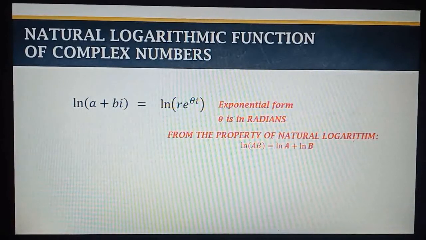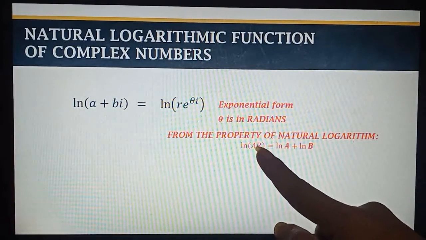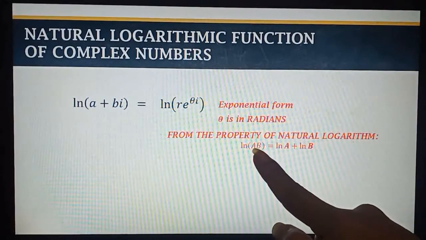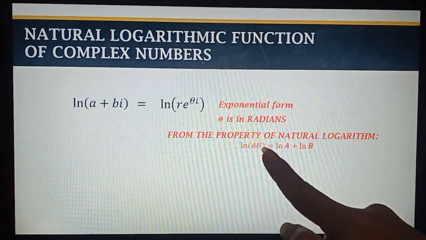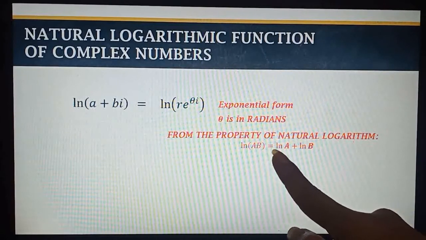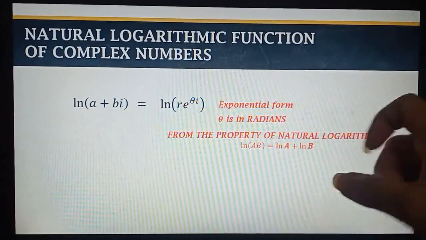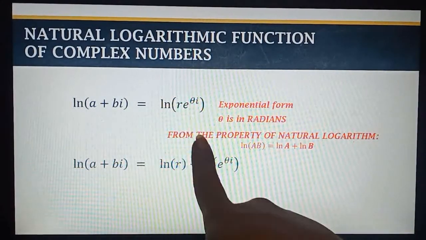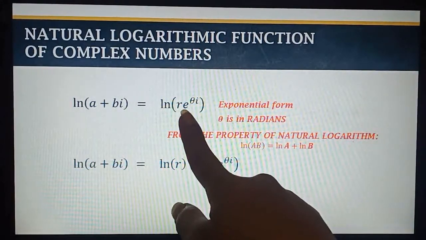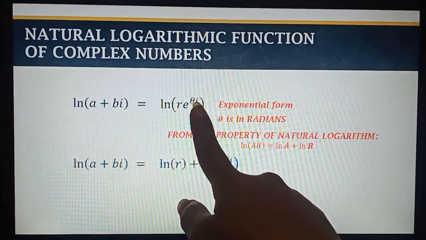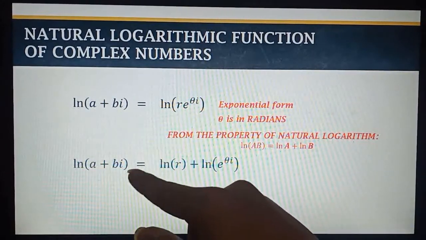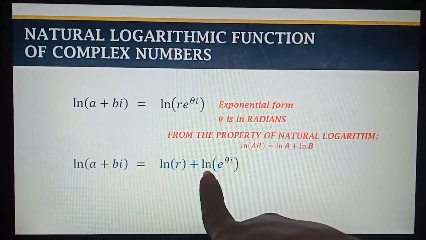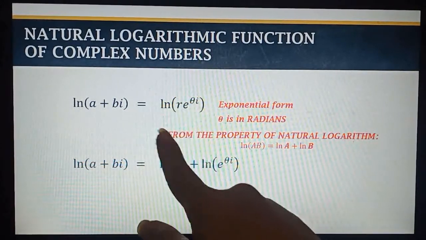So applying the property of the natural logarithm, if you have ln of the product AB, it can be equivalent to ln of A plus the ln of B. Now, r will be our A, then e raised to theta i is your B. So when we separate them, it can be ln of r plus the ln of e raised to theta i.